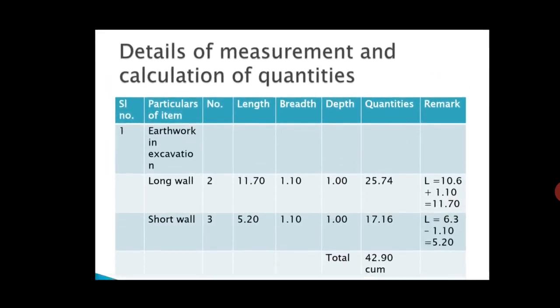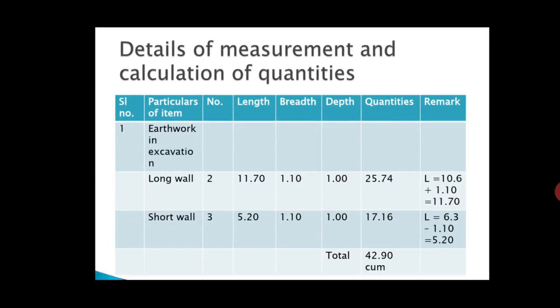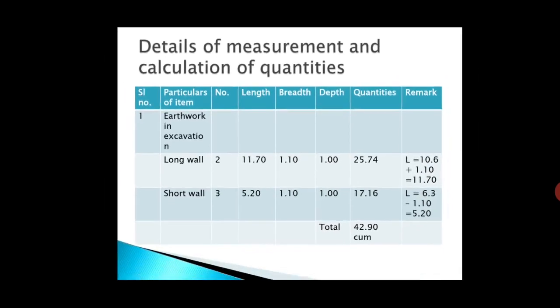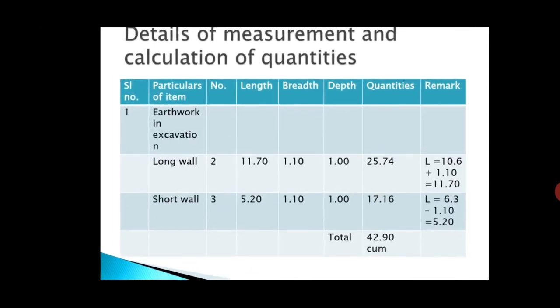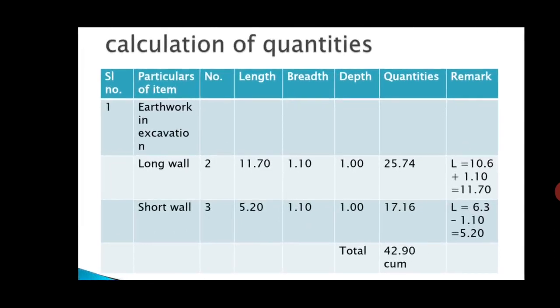So, now we have to prepare the details of measurement form, which is having different columns such as serial number, particulars of item, number, length, breadth, depth, quantity, remark, as we have already done in our previous estimation. So, now we will move to the first item of work. So, here we will put the serial number 1, and under particulars of item we will write down the name of the item, earthwork in excavation.